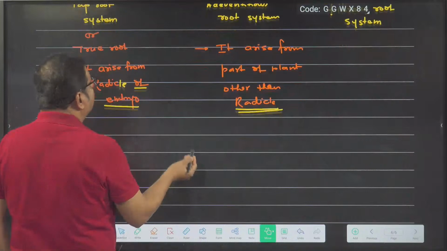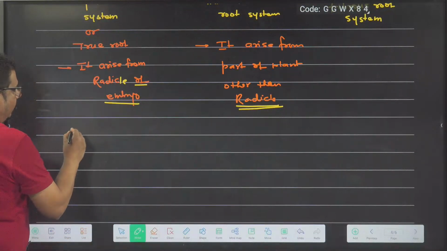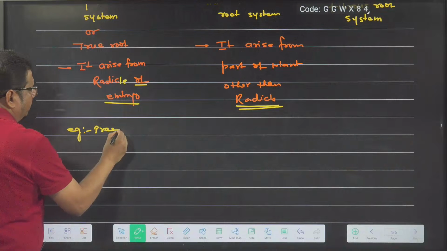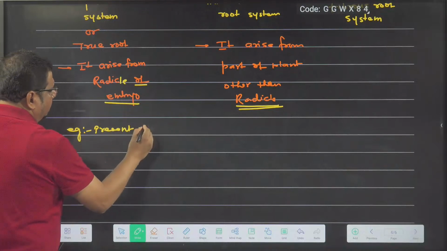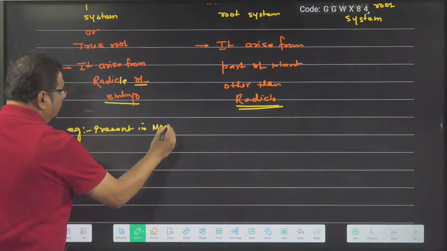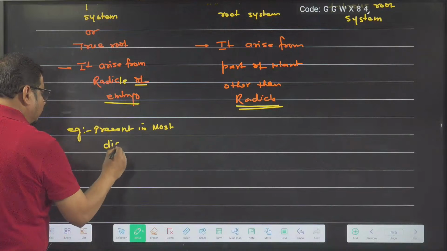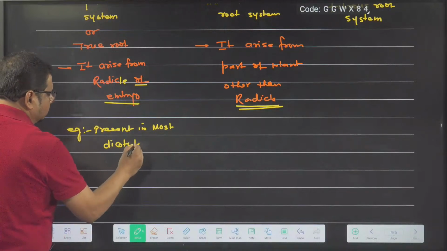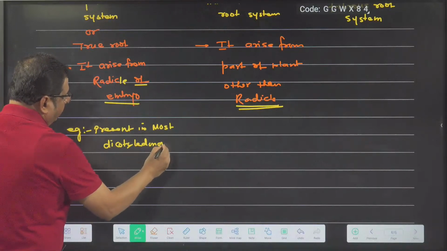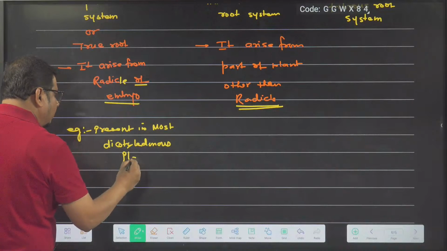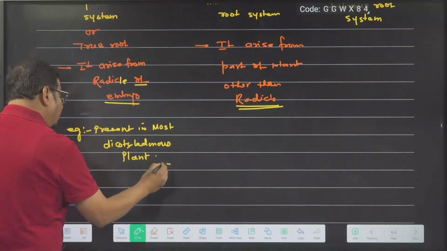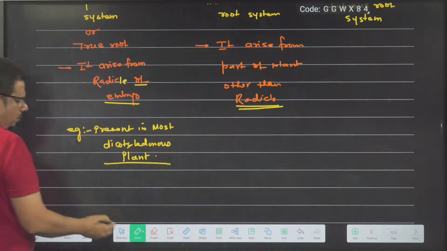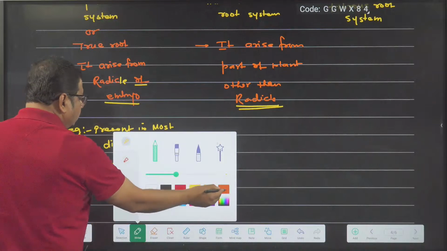Tap root system, where is it present? Example, present in most dicot. Present in most dicotyledonous plants. In most dicotyledonous plants, which root system is present? Tap root system is present.